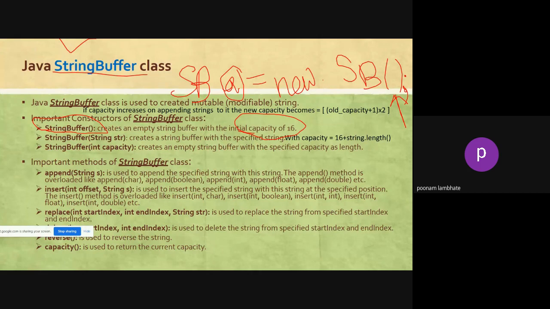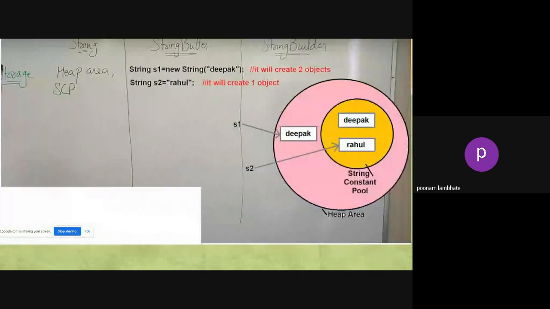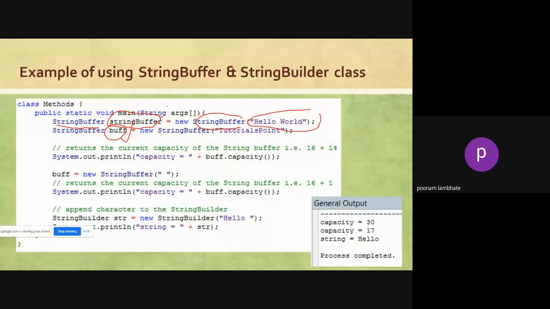But now in your StringBuffer, if you specify some parameter, that means a string, in these brackets, for example, if you write StringBuffer A equal to new StringBuffer and then specify some string, suppose I write Java as the string.